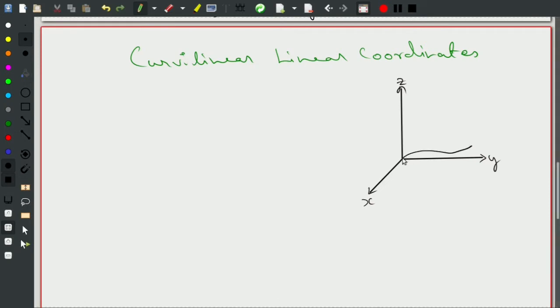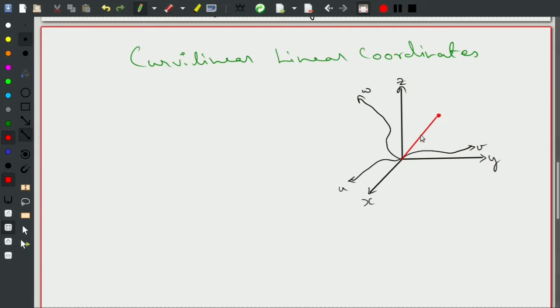They don't need to be straight lines, they can have a curve in the axis. So these are curved axes. Okay, let's name these axes u, v, and w. Suppose we have a point P which has a position vector r in the rectangular coordinate system.